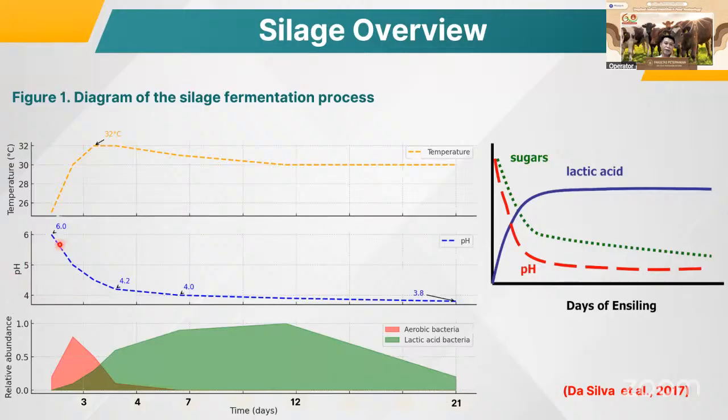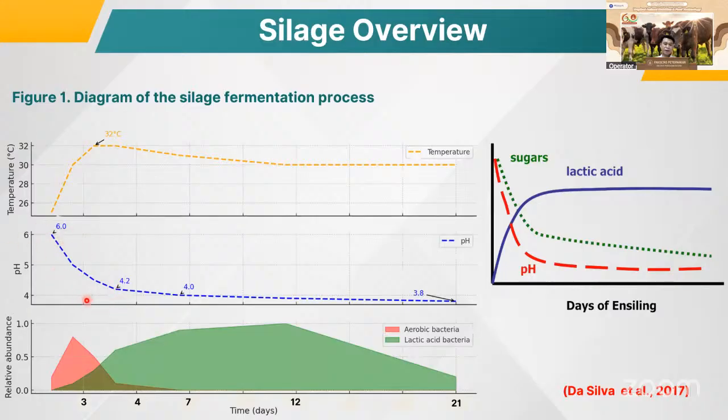Furthermore, pH is the main indicator of silage fermentation. At the start of silage production, pH is still high, actually about 6, near neutral.